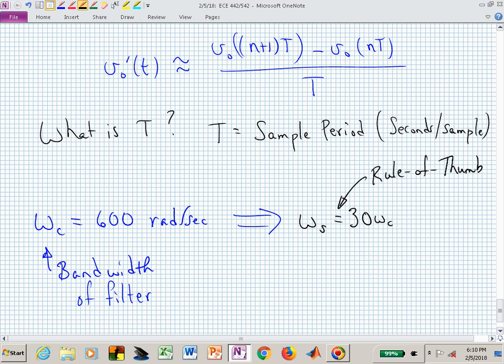And that's a rule of thumb. That's not an exact expression or quantity. It's just something to get us an answer. So we're looking at sampling at 30 times 600, or 18,000 radians per second.